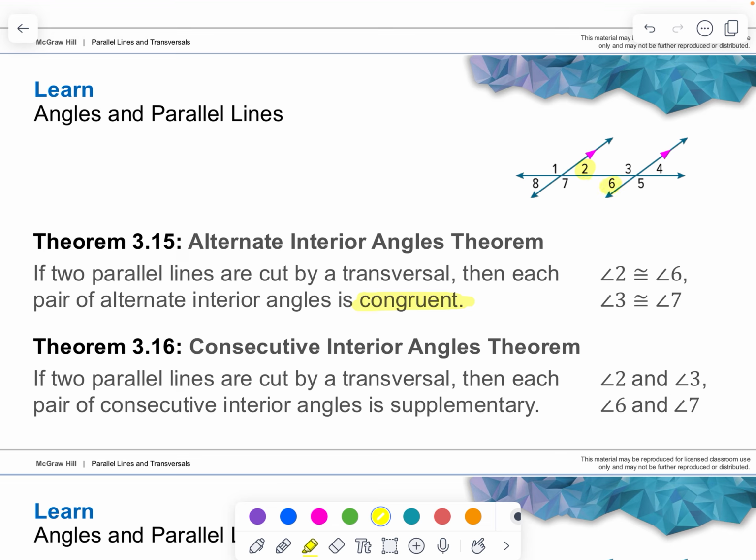If you're loving the highlighting, you can highlight those, or you could be marking that this one is congruent to this one. And 7 and 3 are congruent. There's your alternate interiors. And there's your ALEKS line too: if lines are parallel, then alternate interior angles are congruent.